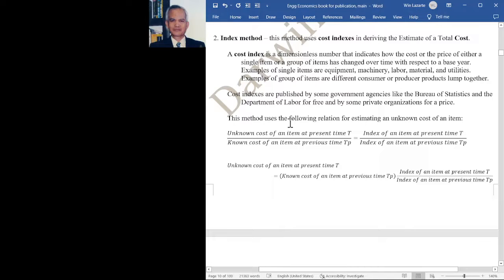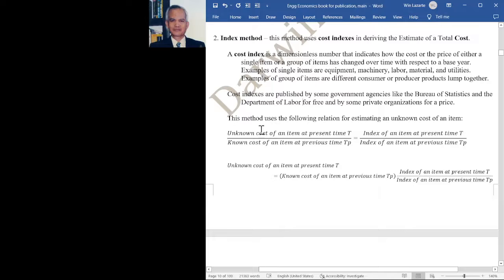This method uses the following relation for estimating an unknown cost of an item. This is the relation: the unknown cost of an item at present time over the known cost of a similar item at a previous time is equal to the ratio of the index of an item at present time and the index of a similar item at the previous time.